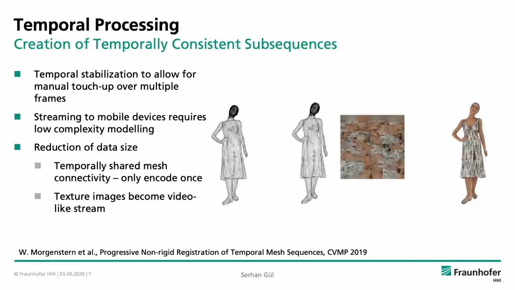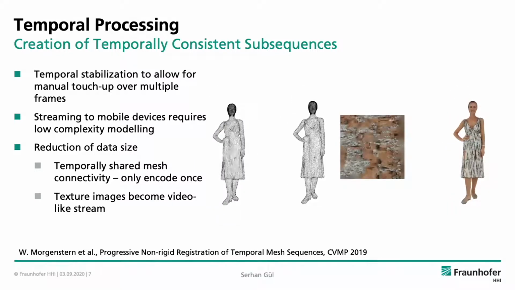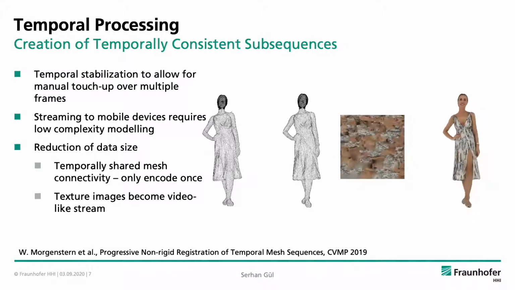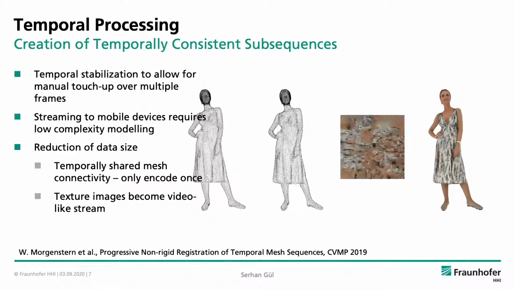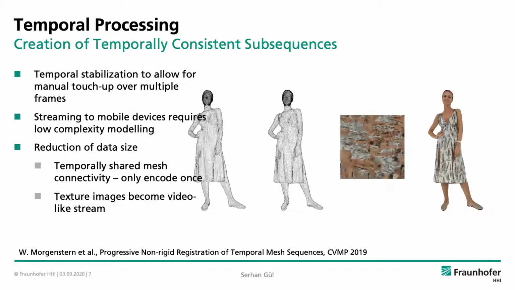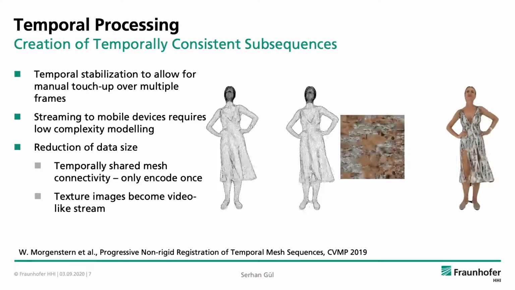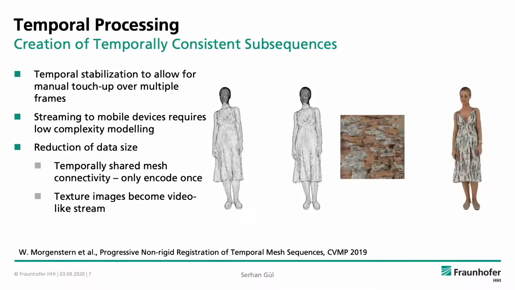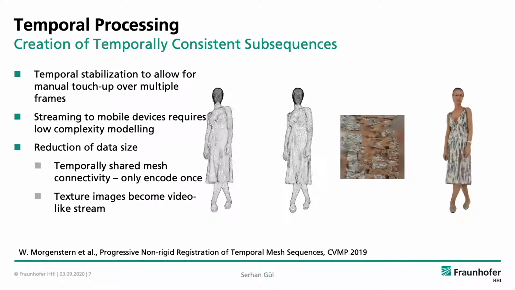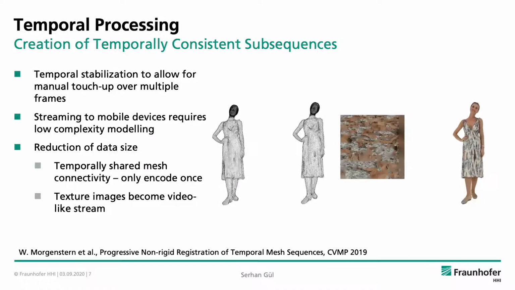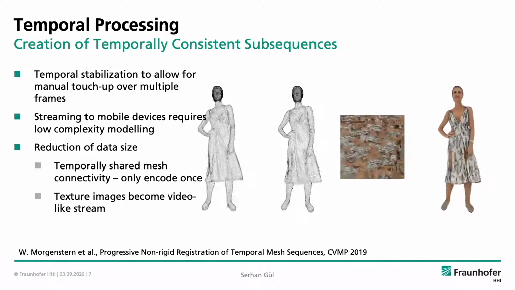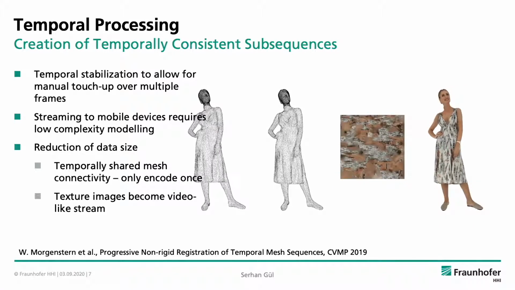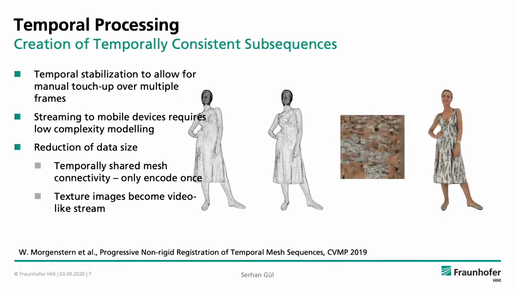On the left side, you see that the mesh connectivity may differ substantially between consecutive frames. So our mesh registration approach eliminates this and achieves temporal stability, as you see on the right. But keeping the same connectivity for the entire sequence might not be feasible if there are large scene changes. Therefore, we adapt the keyframe concept from video compression and divide the sequence into groups of frames that share the same connectivity.